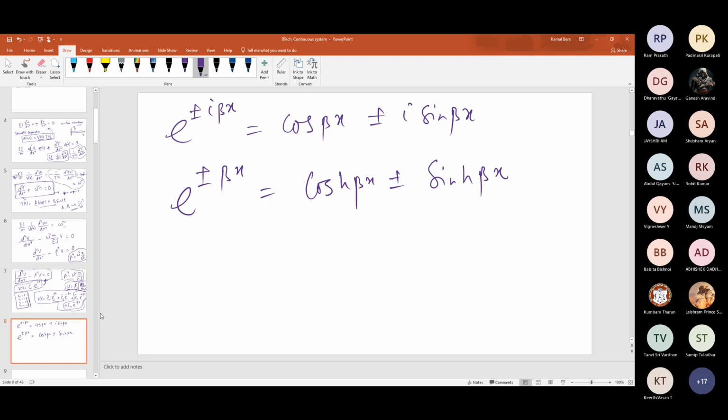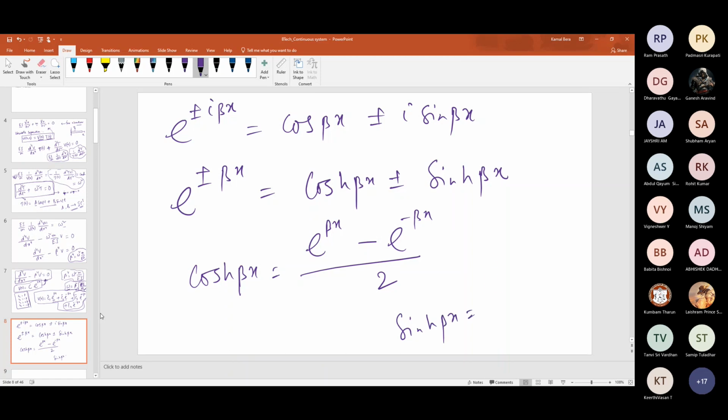With this known to you, what is cos hyperbolic x, I forget. In general, cos hyperbolic theta will be e raised to theta plus e raised to minus theta by 2, and sine hyperbolic theta will be e raised to theta minus e raised to minus theta by 2.